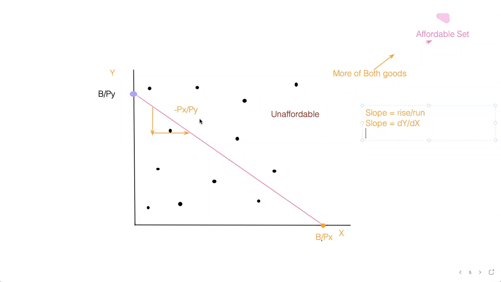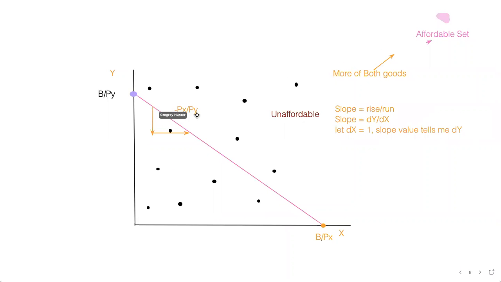This slope tells me that if I let dx, the amount of flannels I'm going to purchase, be equal to 1, then the slope value tells me dy, or how much of y I have to give up to get 1 additional x.